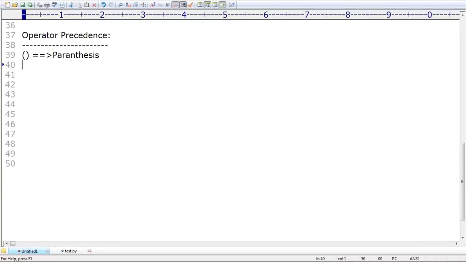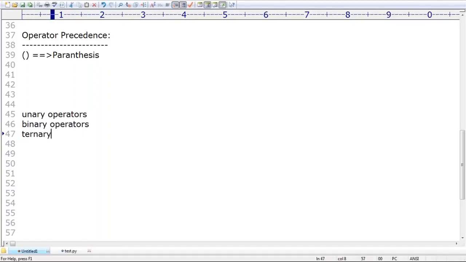Next, I want to talk about the generalized rules. Take special care. We may have heard about unary operators, binary operators, and after that the ternary operator.